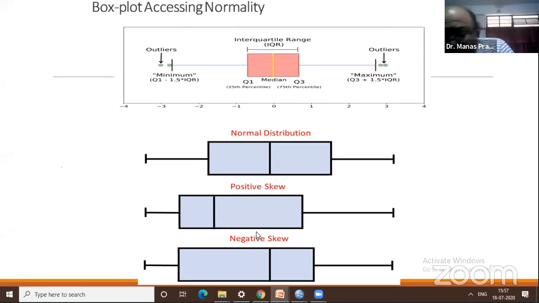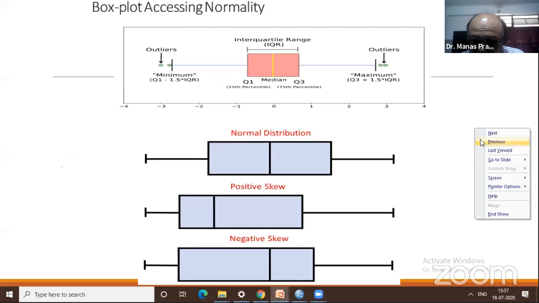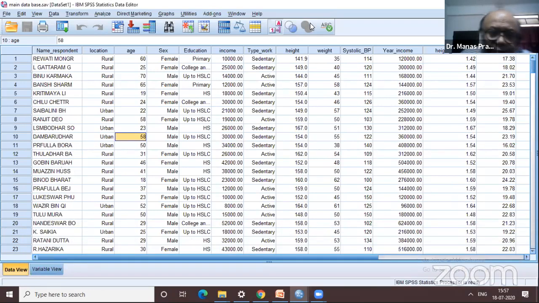Now, I will show you how to make a box plot in SPSS. Suppose I am going to make a box plot for the variable income. I want to see whether my income data follows a normal distribution or not.